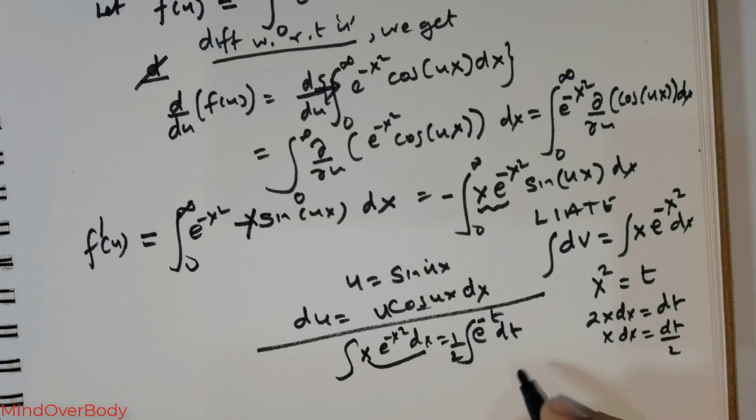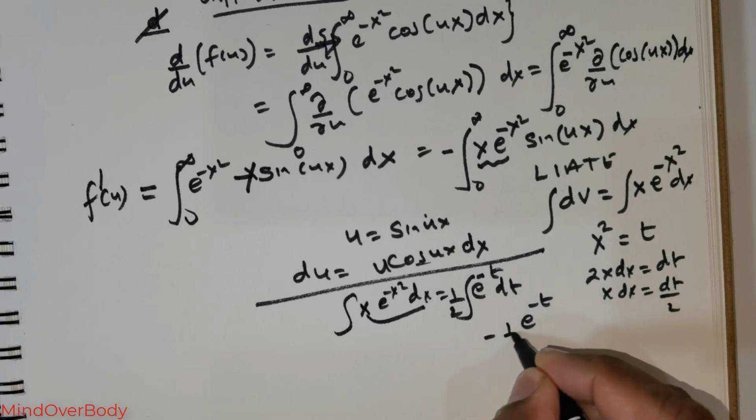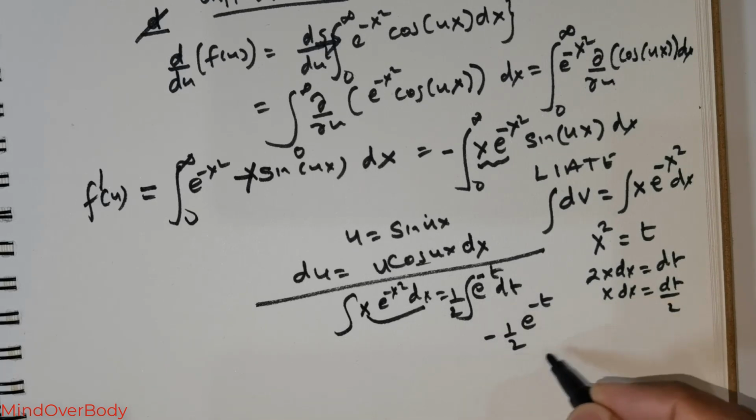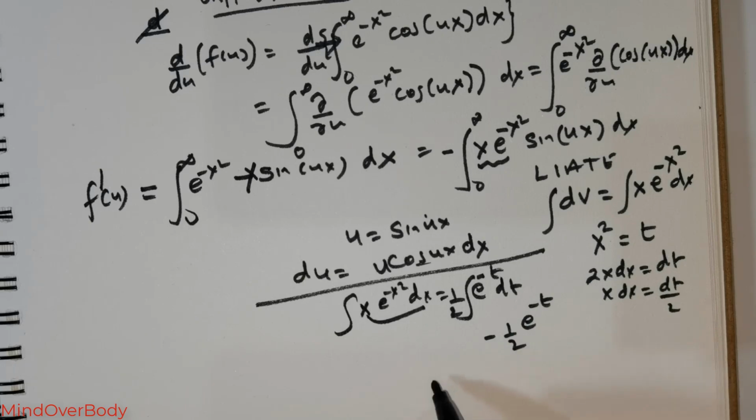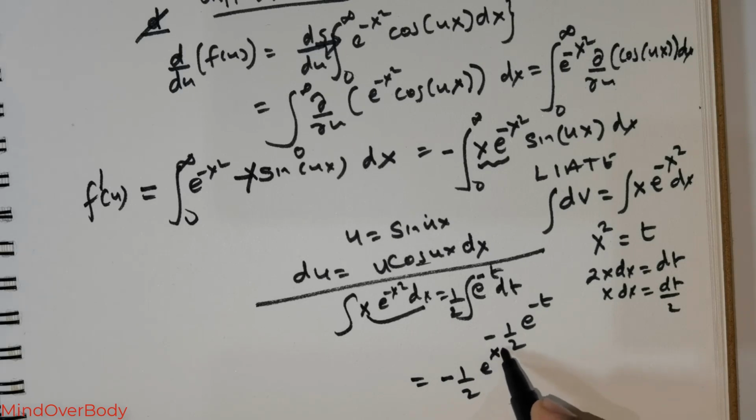If I integrate this, this is going to be e raised to the power of negative t with a negative sign, with the 1 over 2 constant. This can be rewritten as negative 1 over 2 e raised to the power of negative x squared, right? t is x squared, but there's a negative sign. So this is what we get for v.